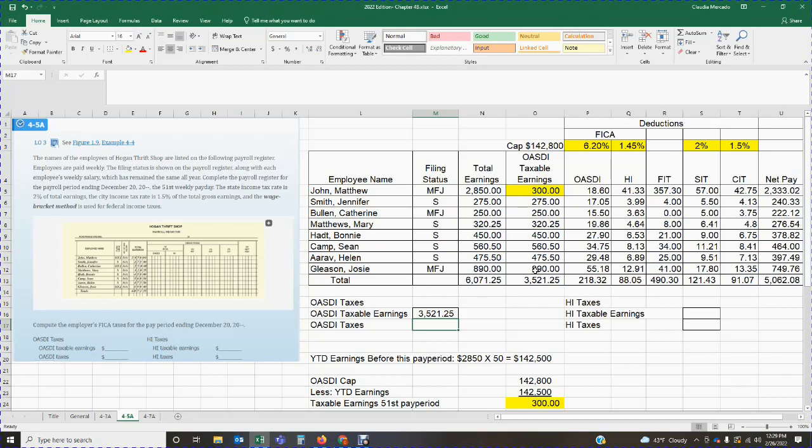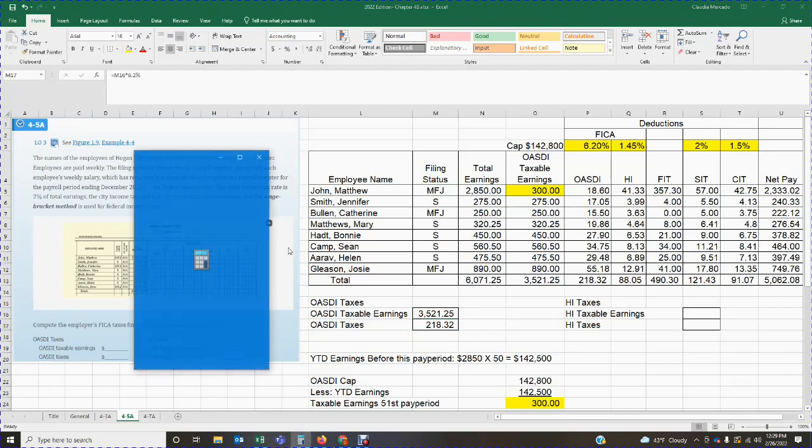So the amount of my taxable earnings for OASDI will be $35,21.25. I'm going to multiply that by 6.2%, and that gives me $218.32. So it's the amount of your taxable earnings times 6.2%, and that gives you $218.32.